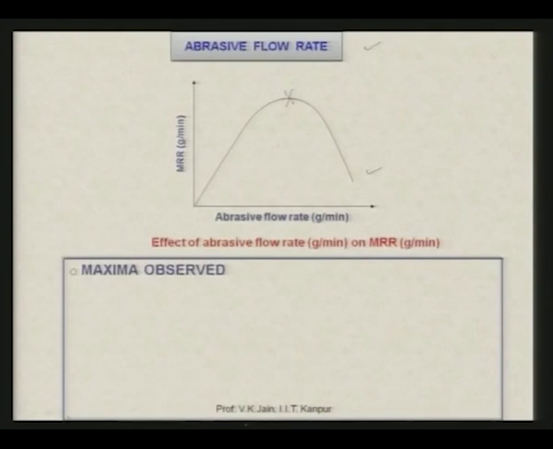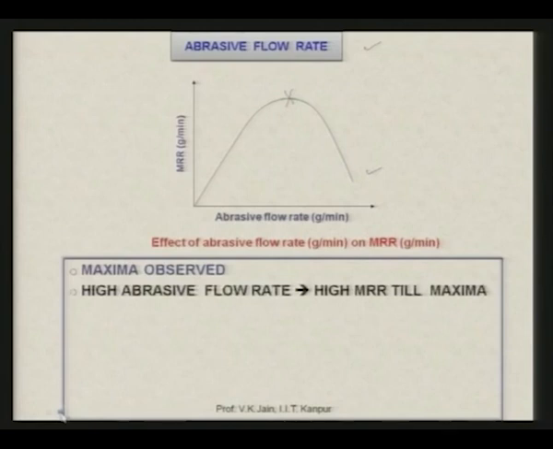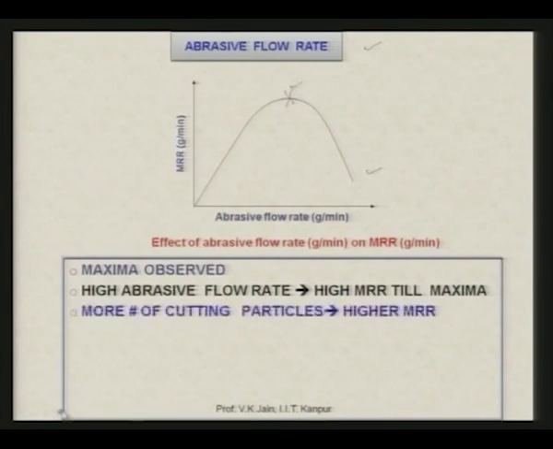Now, let us see what are the reasons for this. Once there is a high abrasive flow rate, you will get high material removal rate till the maxima that you obtain over there.